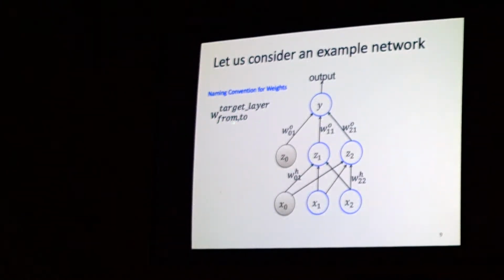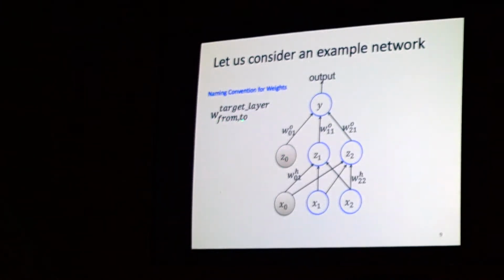indices. The first index is the node where the edge starts from. Like on this edge, right? It starts from the first node in the hidden layer, so the from index is simply 0. Okay?